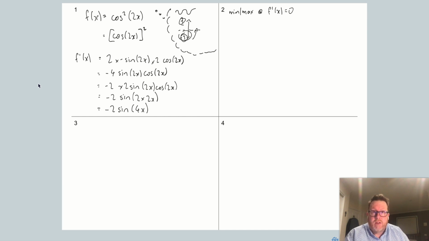The turning points are found at f dash of x equals 0. These are relative minimums and maximums, of course. So I set the derivative equal to 0, which gives me, if I divide both sides by -2, sine of 4x equal to 0.